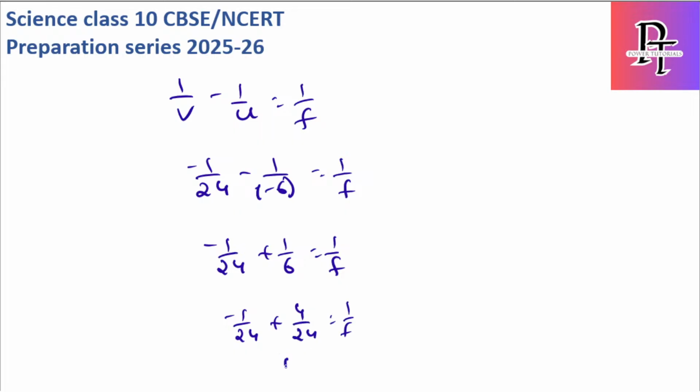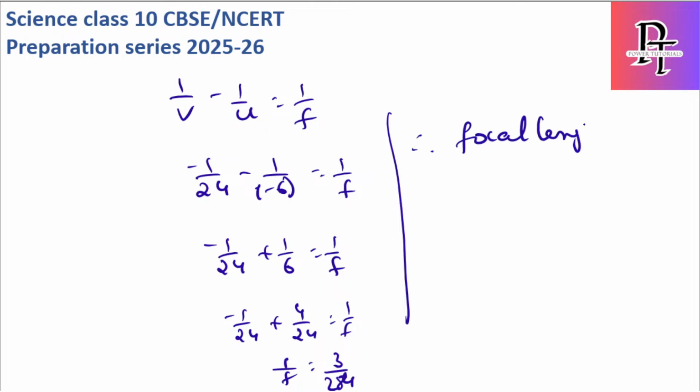So I get 1 by f is equal to 3 by 24, which is 1 by 8. Therefore focal length is equal to 8 centimeters, and I got the right answer. Why? Because for convex lens the focus is always positive. Suppose if you got negative, then definitely your calculation somewhere is wrong and you have to correct it.